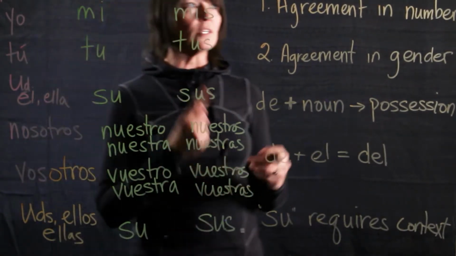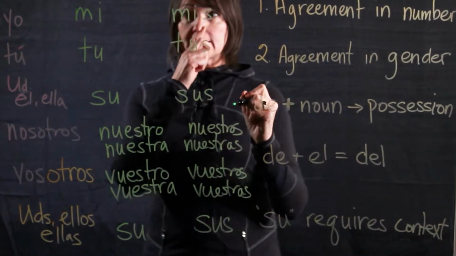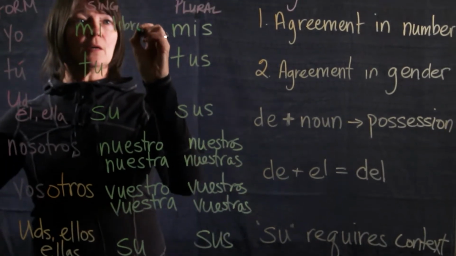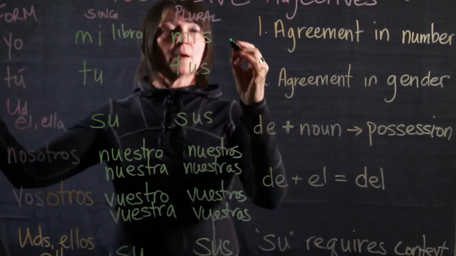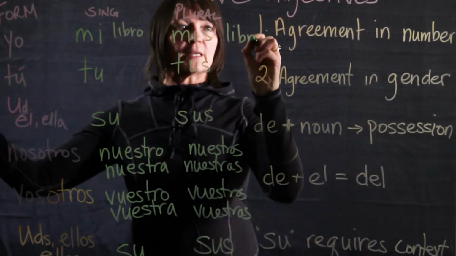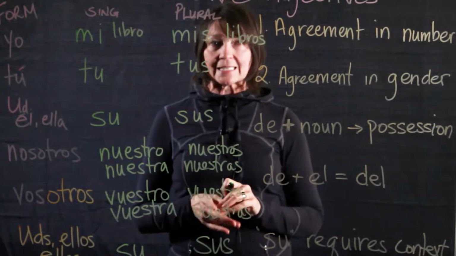But let's look at the use. Okay, again, we have agreement in number and gender. So let's say we're talking about a book, mi libro, okay, mi libro. But if we're talking about books, the agreement is with the word that it modifies, the word after it, mis libros.